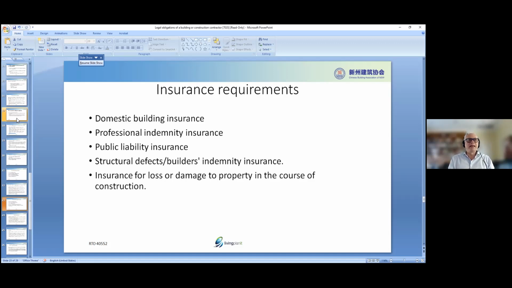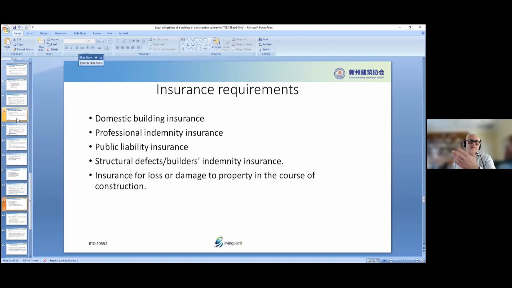Therefore, I'm giving people the opportunity to say, well, something's wrong with your design. You didn't design this properly and this doesn't work properly. Therefore, I need professional indemnity insurance. You need public liability insurance, which is a must, right? It's protecting the public because people can come on your site and get injured.